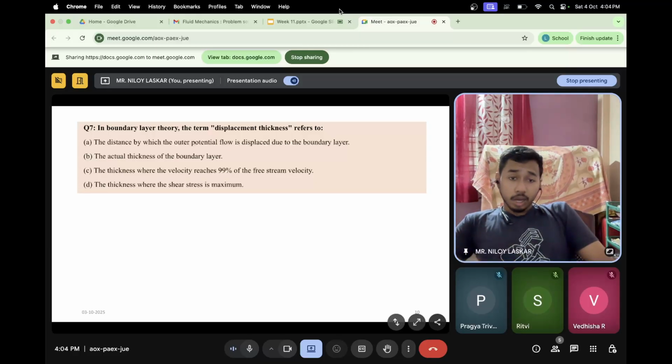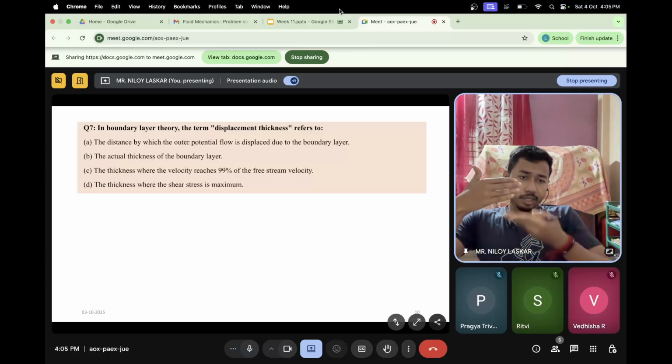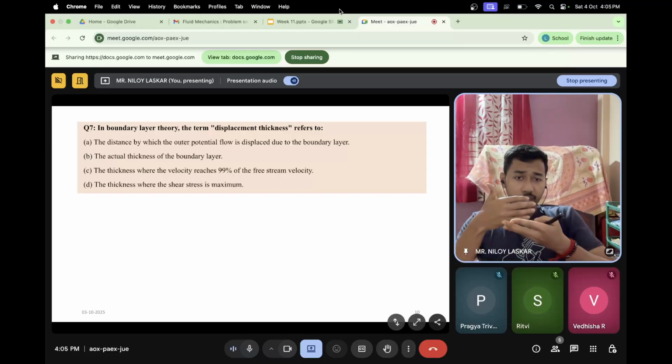If someone asks you what is the importance of this boundary layer? Say the boundary layer is like a resistance. Say this is a plate, right? If the flow is flowing, it should flow freely. But as it is flowing over this plate, the fluid particles experience some resistance and their velocity decreases.